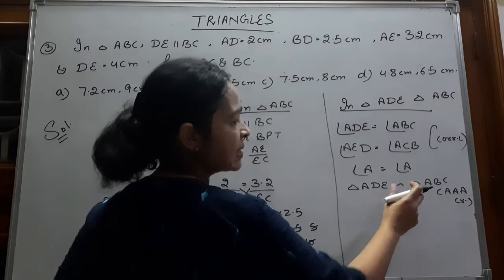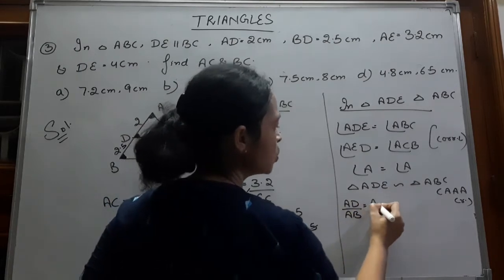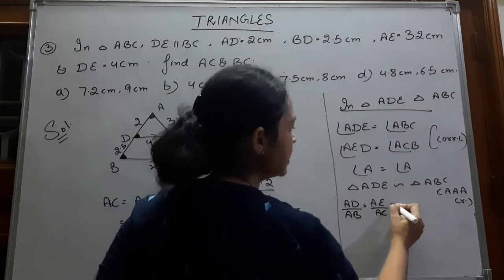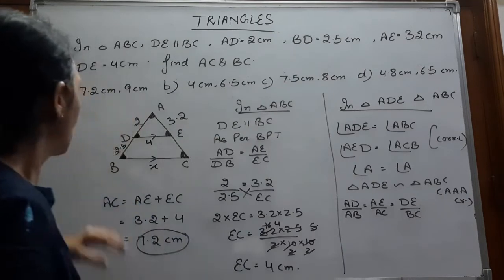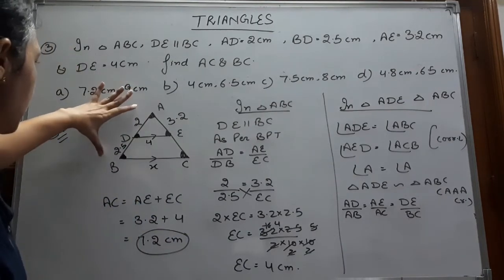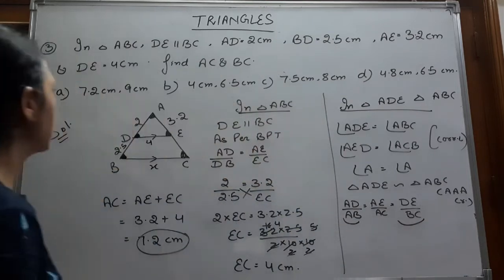Now, when both these triangles are similar, AD upon AB equals AE upon AC equals DE upon BC. Now, we have AD and AB also. Let's take AD upon AB and DE upon BC.